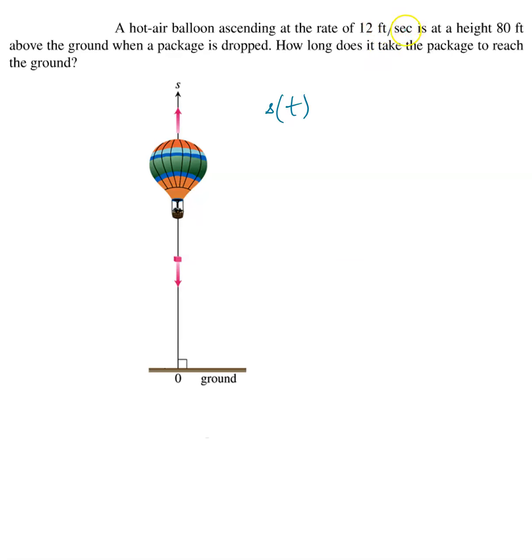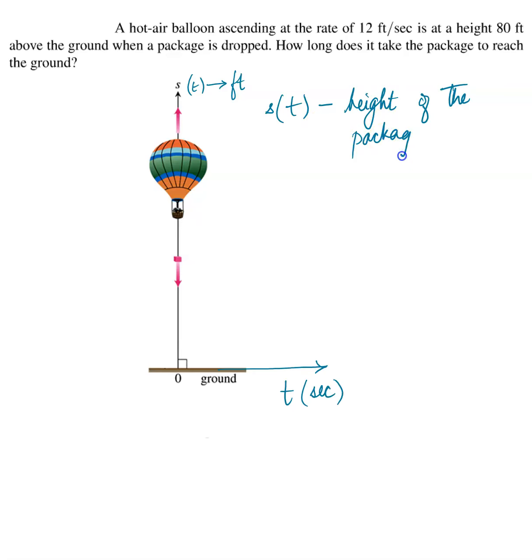Therefore the ground will be the x-axis, which is the t-axis measured in seconds, and the y-axis will be the s-axis, s of t, which is measured in feet because that's the height. s of t denotes the height of the package above the ground.